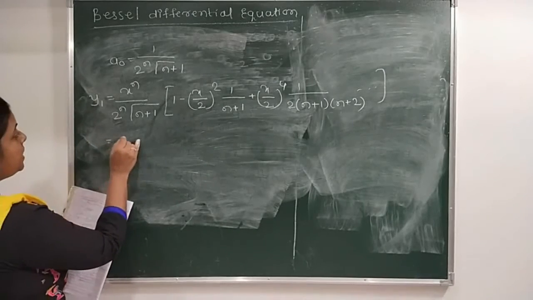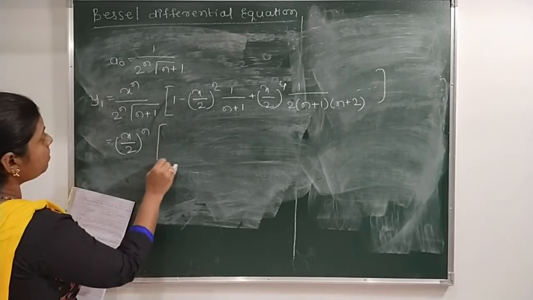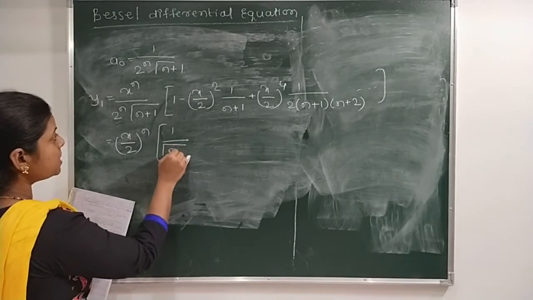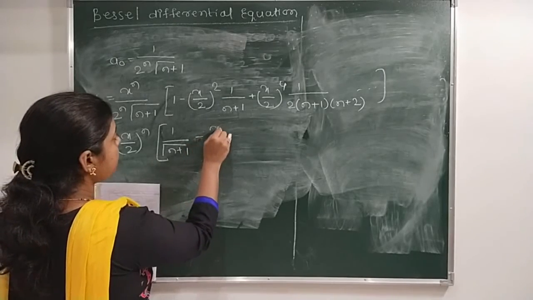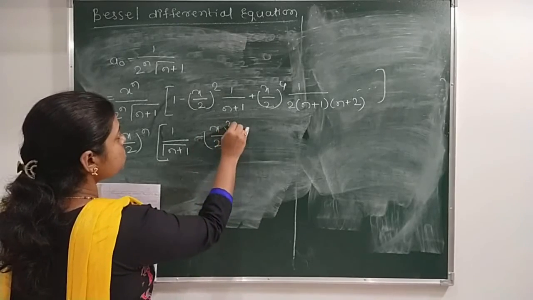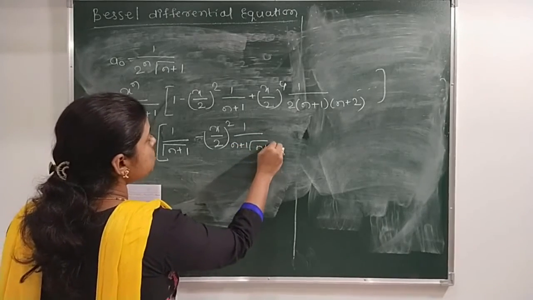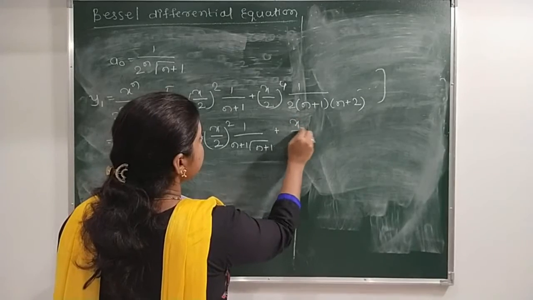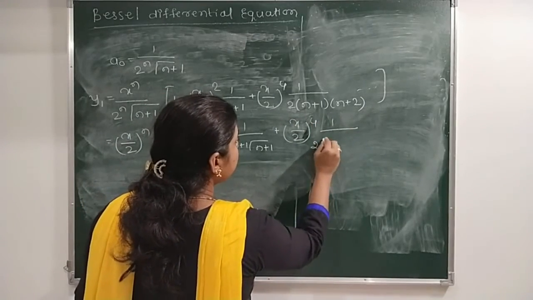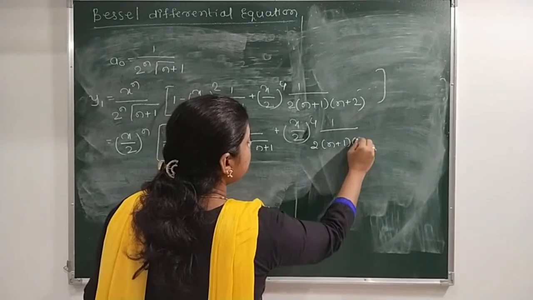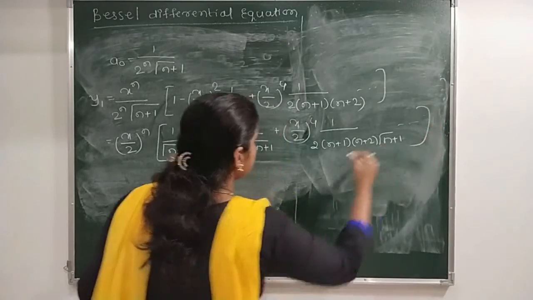Now, taking x by 2 to the power n common, and taking 1 divided by gamma of n plus 1 inside, this becomes minus x divided by 2 whole square, 1 divided by n plus 1 gamma of n plus 1, plus x divided by 2 raised to 4, 1 divided by 2 into n plus 1 into n plus 2 gamma of n plus 1, and so on.